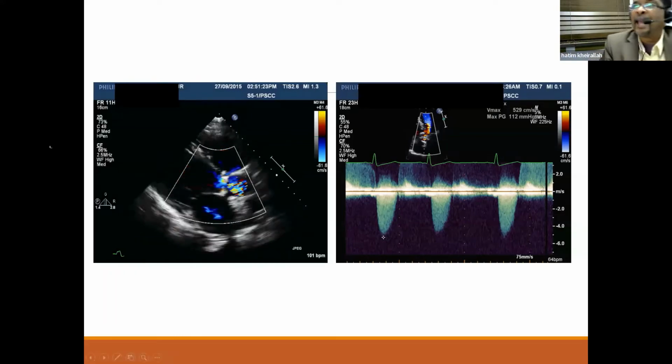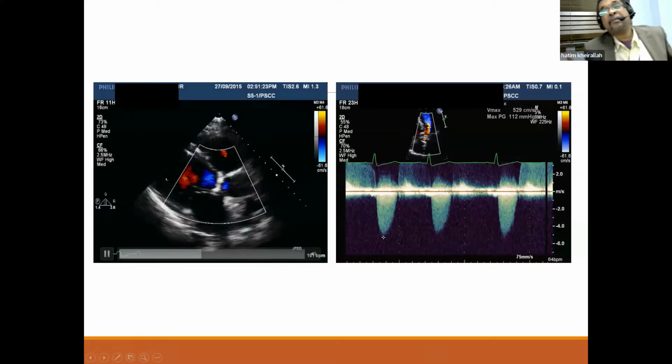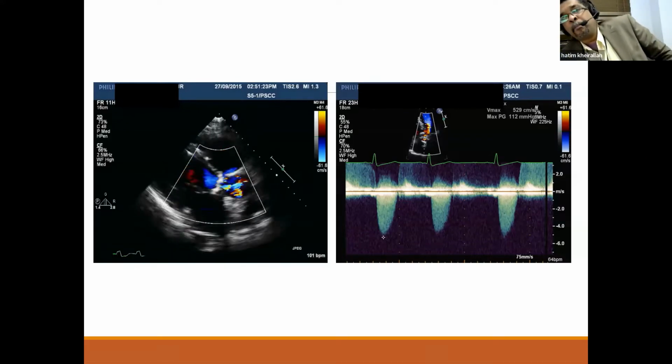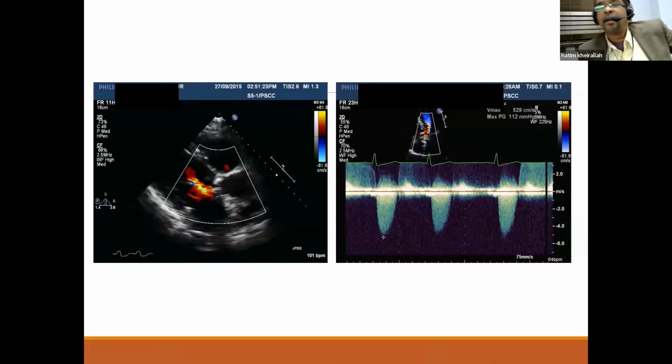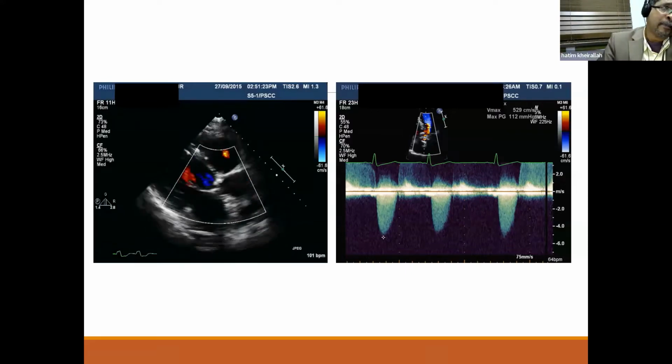In this case, to prove that the morphologically stenotic valve is truly stenotic, though the gradient is low, you have to calculate the stroke volume here at the LVOT. And if the stroke volume here is lower than 35 ml per meter square, that means you have low flow, normal ejection fraction, and this is paradoxical AS.